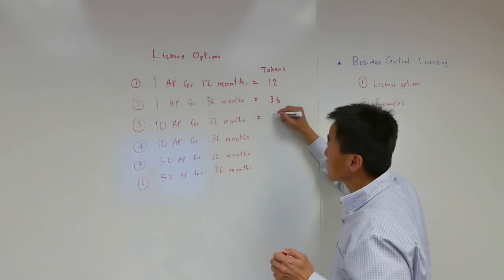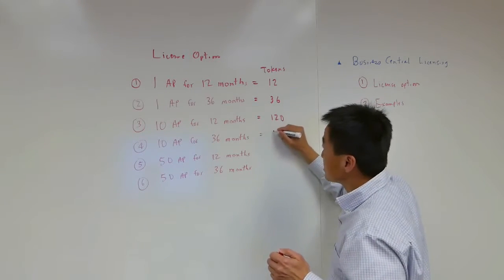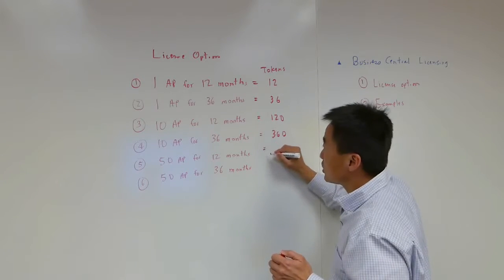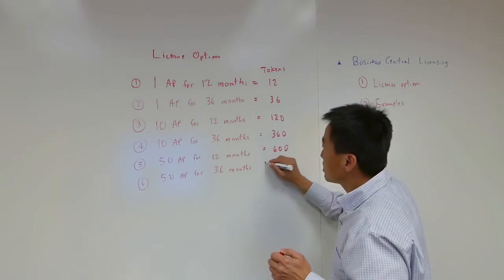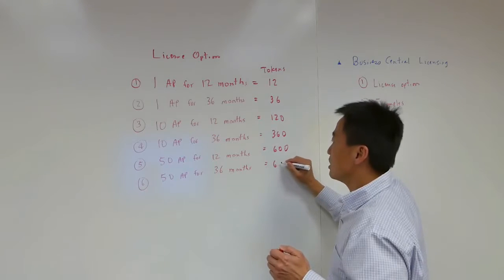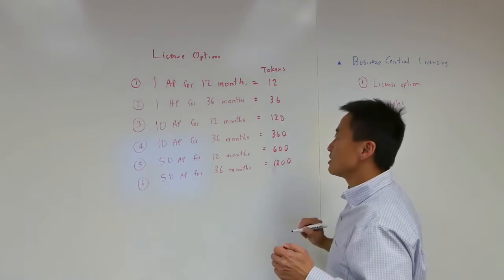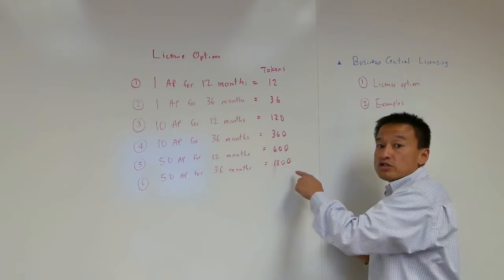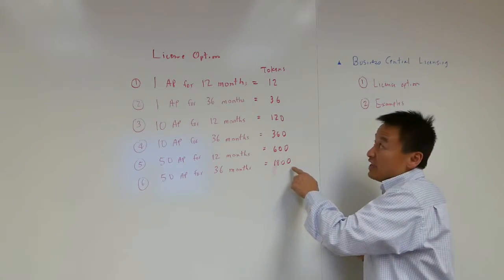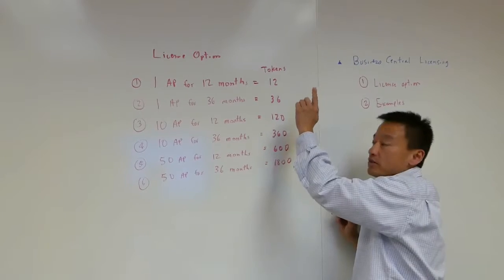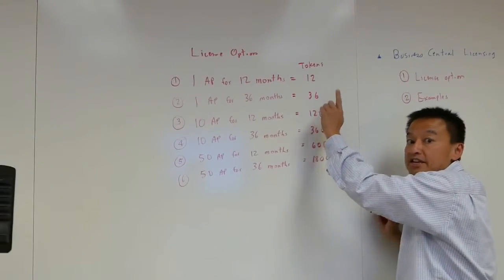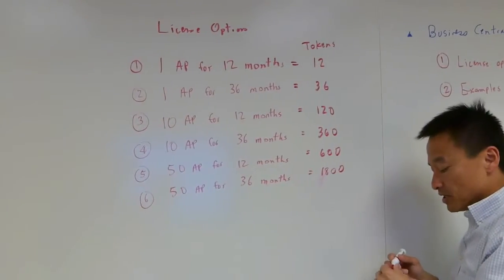So if I do my math correctly, that should be 1800 if I'm not mistaken. So that's the equal number of tokens. You can imagine if you have 12 APs, manage 1 month. If you have 36 APs, you can manage 1 month and correspondingly.